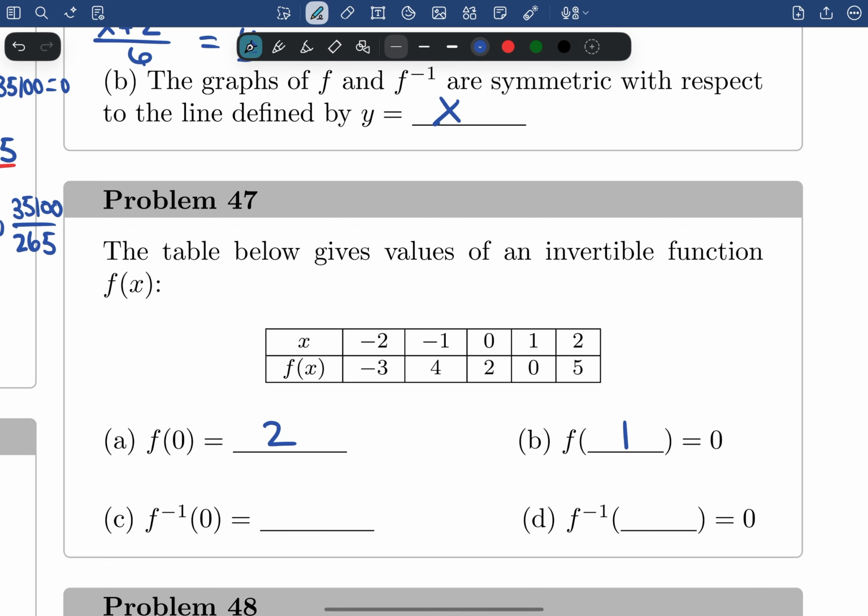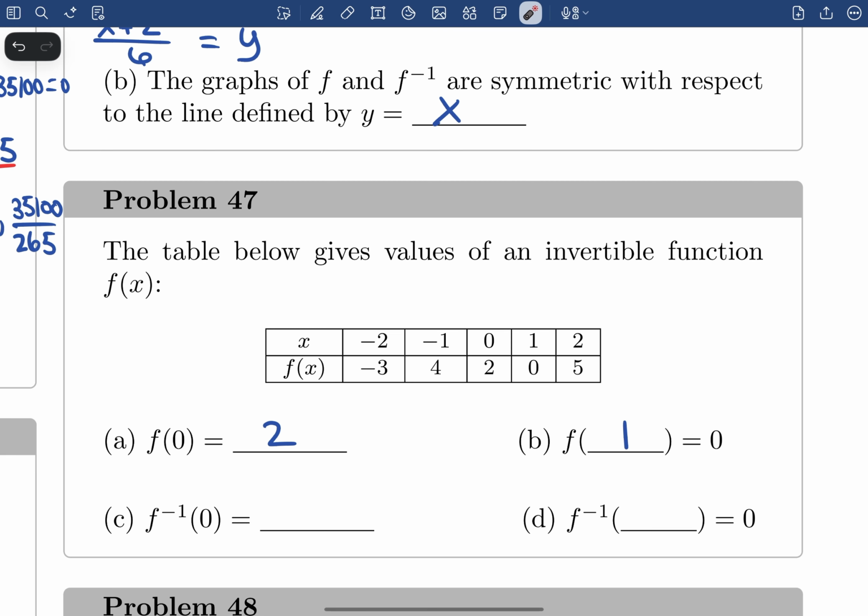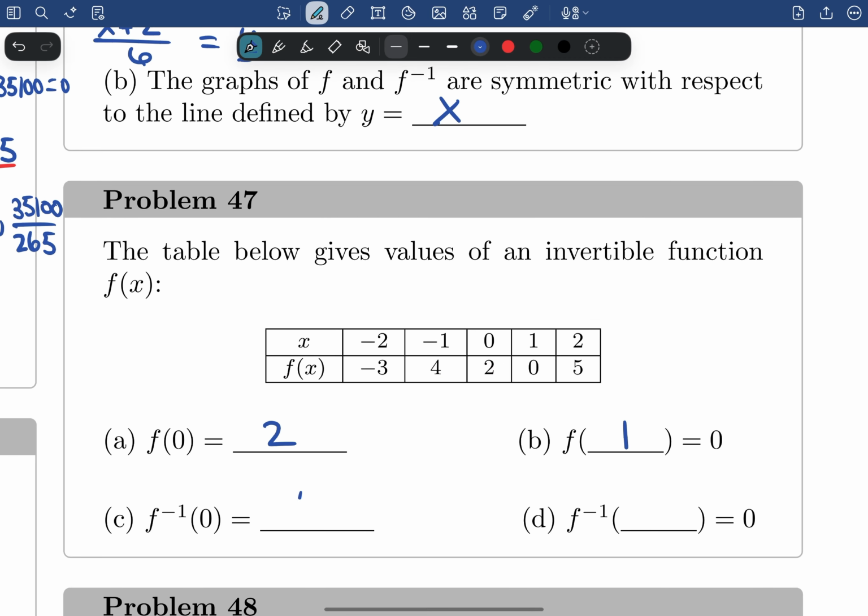Now, if we think about things as an inverse of the original function, things go backwards. So instead of inputting x values into the inverse function, we're thinking about those as y values. So f inverse of 0, I would go to a y value of 0, and look at the x value. That would be 1. This is the answer.